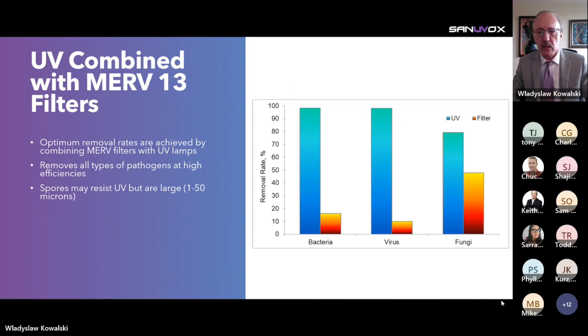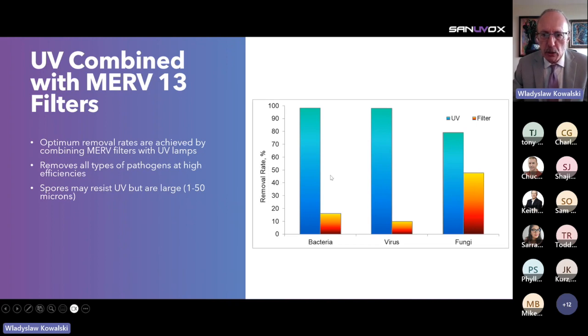And when UV is combined with MERV 13 filters, we get optimum removal rates for bacteria, fungi, and viruses. This is a breakdown showing, in the blue and green, UV removes close to 100% of bacteria. The ones that are not removed are easily handled by the MERV 13 filter.